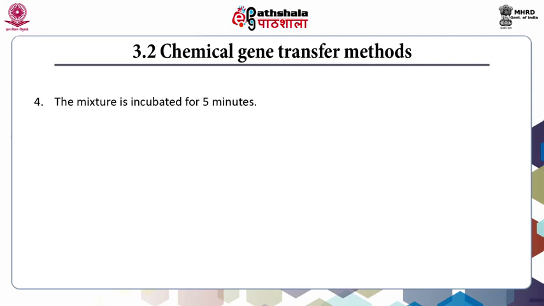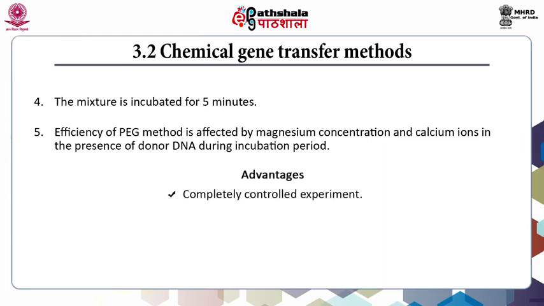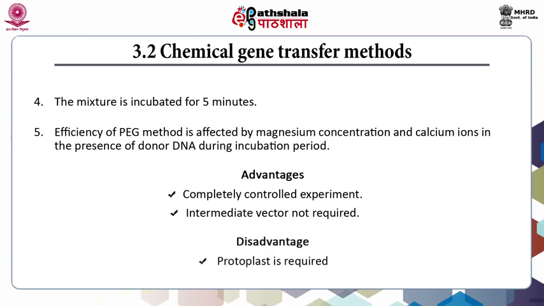The mixture is incubated for 5 minutes and thereafter the efficiency of PEG method is affected by magnesium concentration and calcium ions in presence of donor DNA during the incubation period. The advantage of this method is that it is a completely controlled experiment and intermediate vectors are not required. The only disadvantage is that protoplast is required.